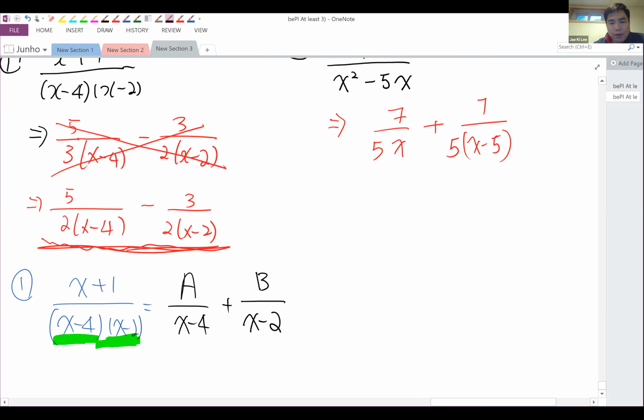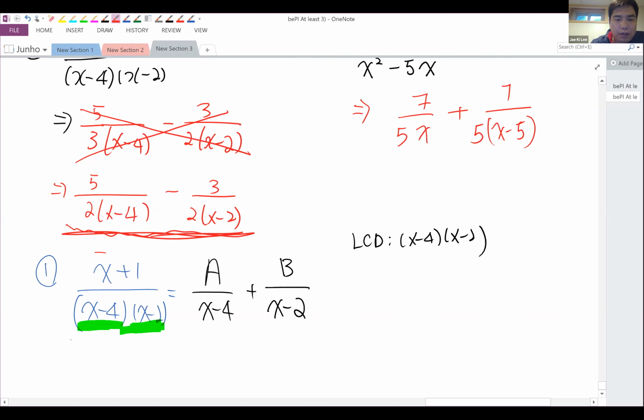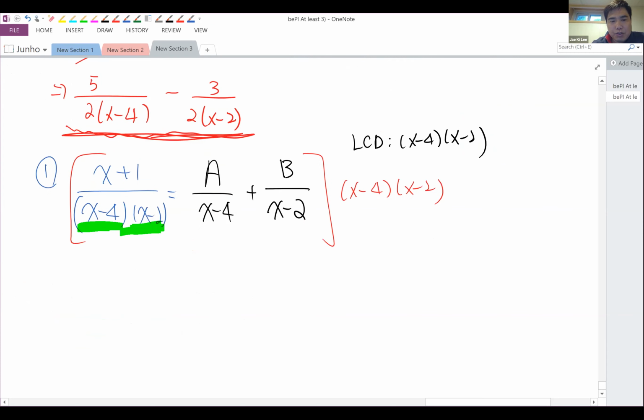Okay, now we need to find the LCD for this equation. The LCD equals (x minus 4) and then (x minus 2). Therefore, what do we want to do? We multiply (x minus 4)(x minus 2) to all this expression.